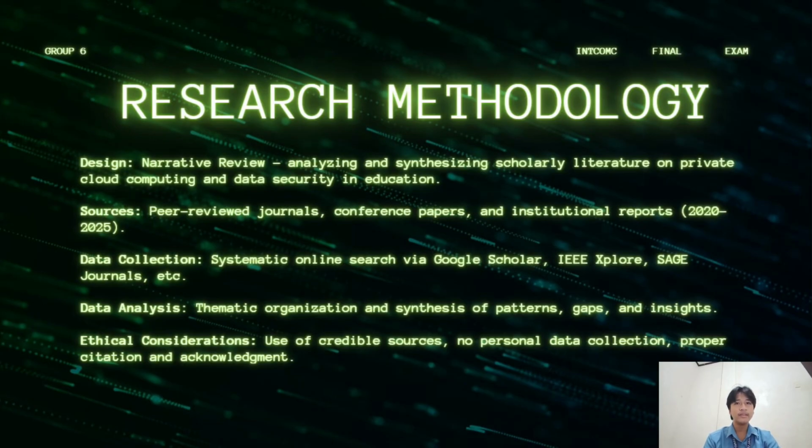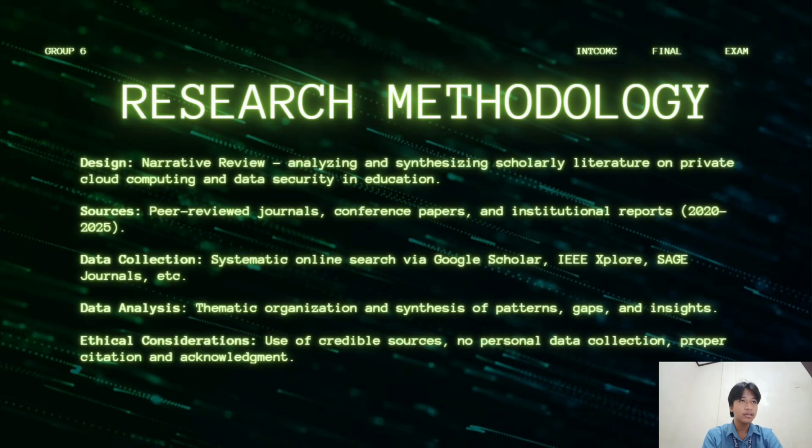We systematically searched for peer-reviewed journals, government reports, and conference proceedings related to private cloud computing, data security, and educational technology.